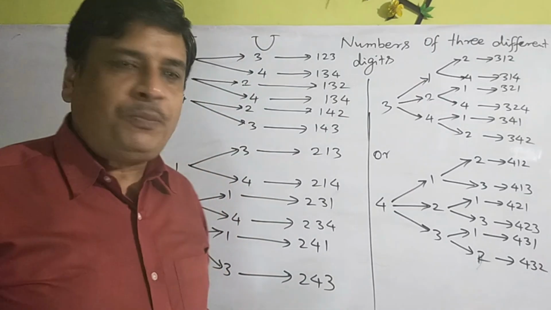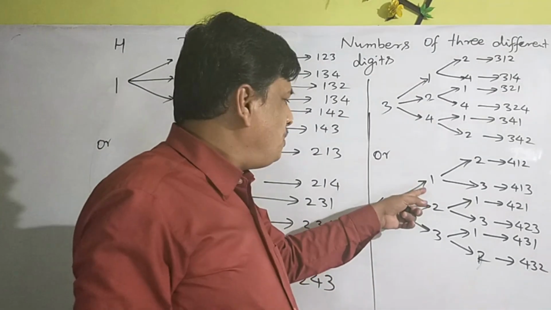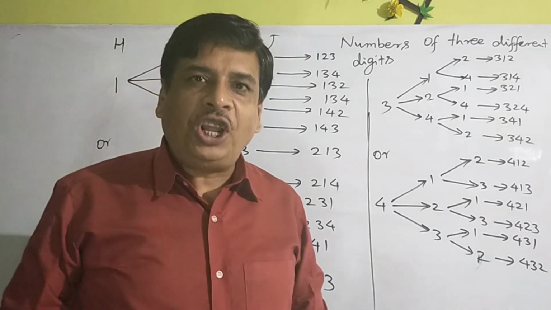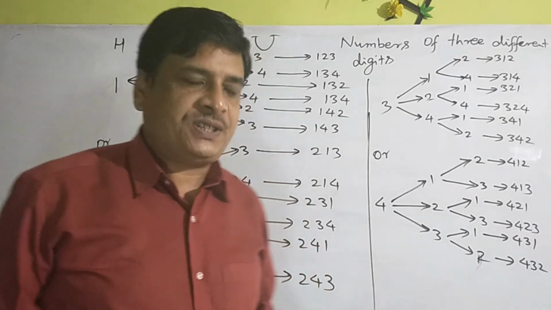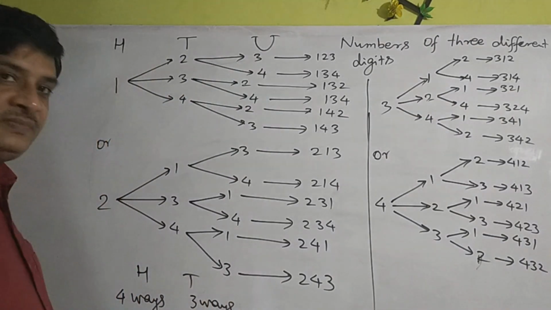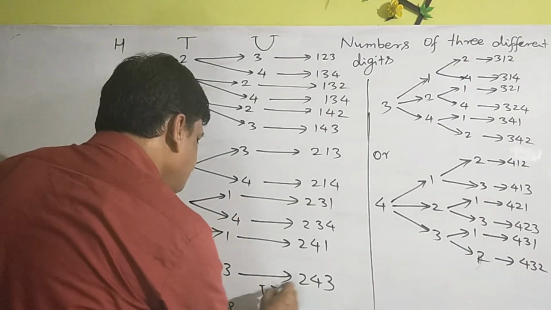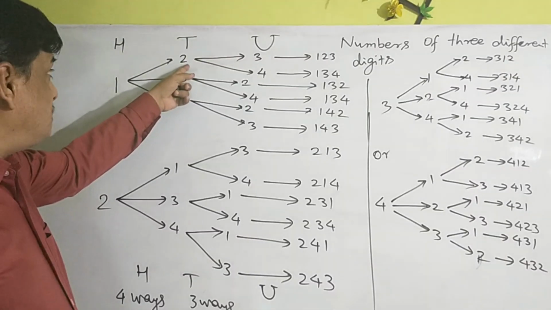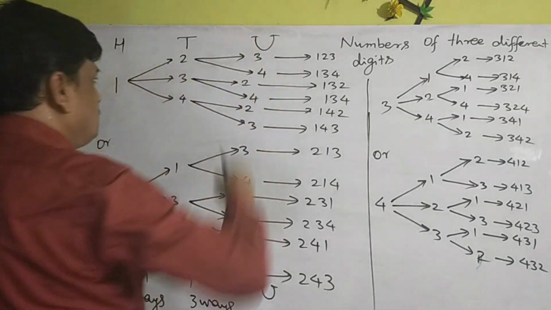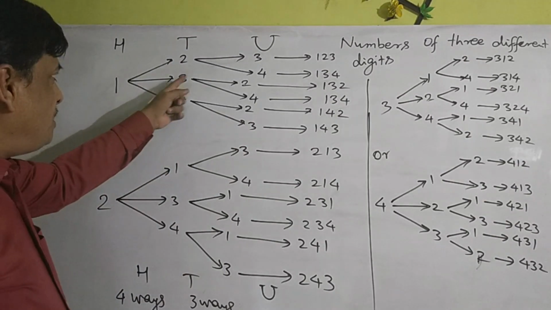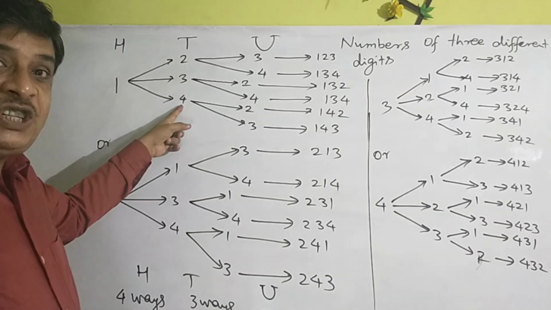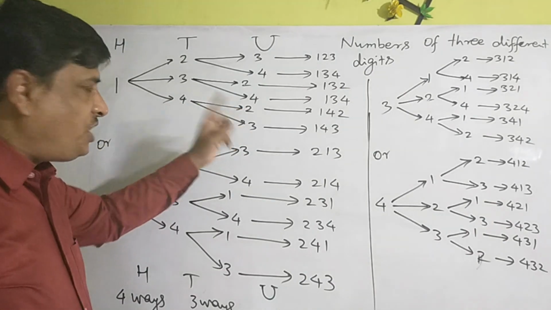When at 100 place we take 4, at tens place we can take 1 or 2 or 3. Meaning 3 ways of selection of the tens place. And then unit place, when tens place is 2, the unit place can be filled up by 3 or 4. When tens place is 3, unit place can be taken 2 or 4. When tens place is 4, unit place can be taken 2 or 3.